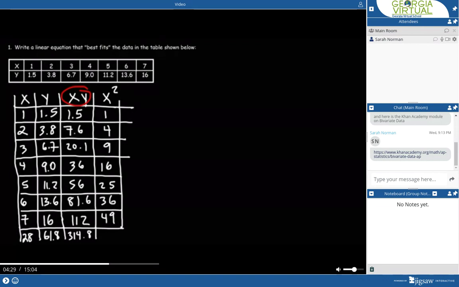Now let's find the sum of the x squared values. So 1 plus 4 plus 9 plus 16 plus 25 plus 36 plus 49. That's going to be 140. Now let's write down the important information that we've gleaned from this table. The sum of the x values is 28.